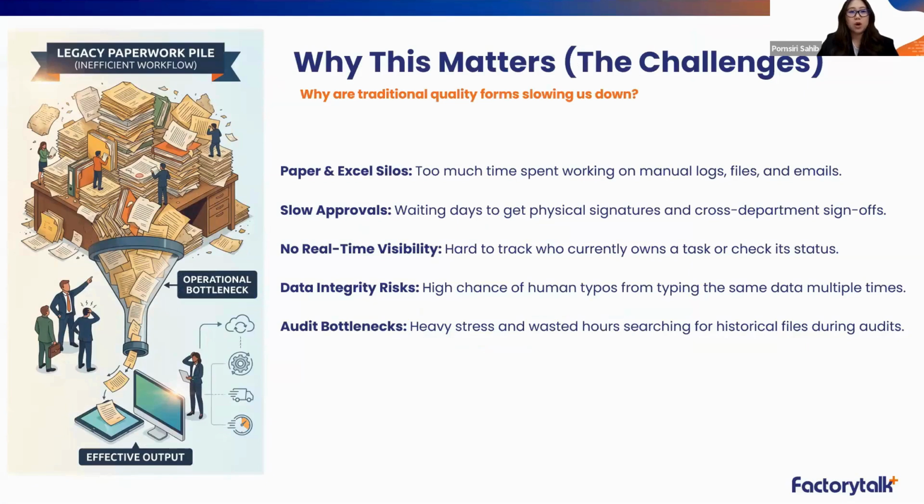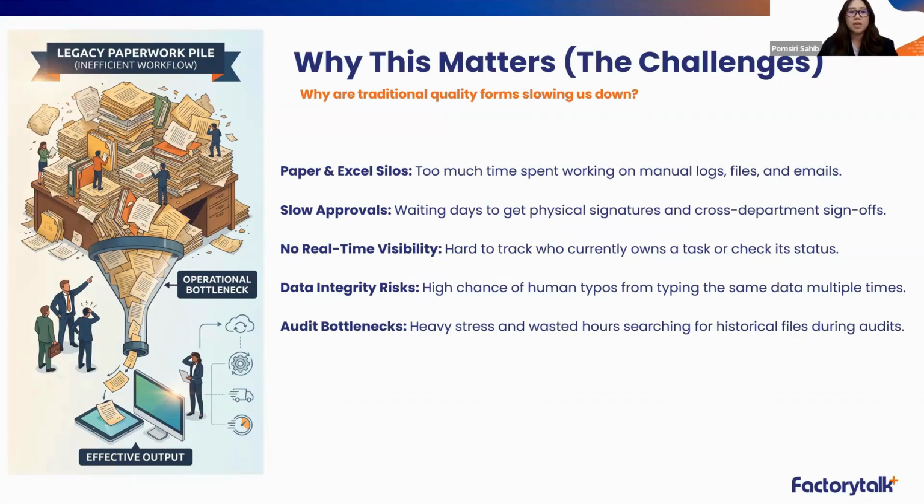So before we talk about the digital quality form, let's first look at why this matters. Despite significant investment in digital transformation, many organizations are still relying on paper forms, spreadsheets, emails, and manual approvals to manage critical quality processes. At first glance, this method may seem familiar and easy to use.